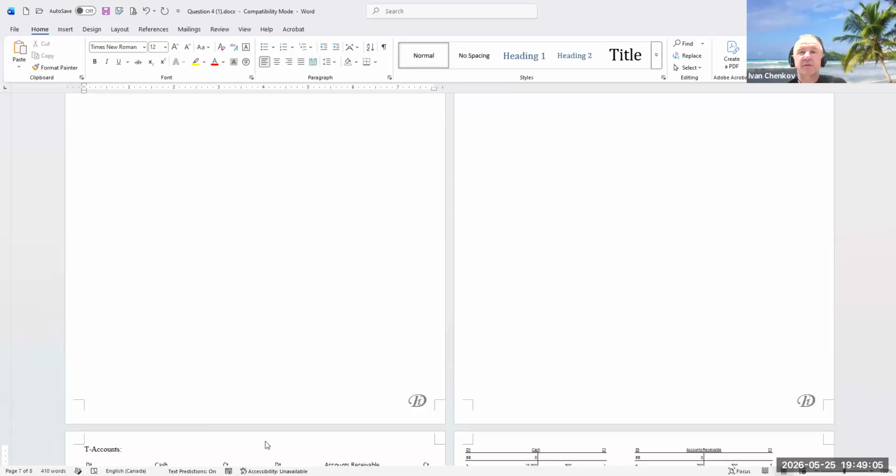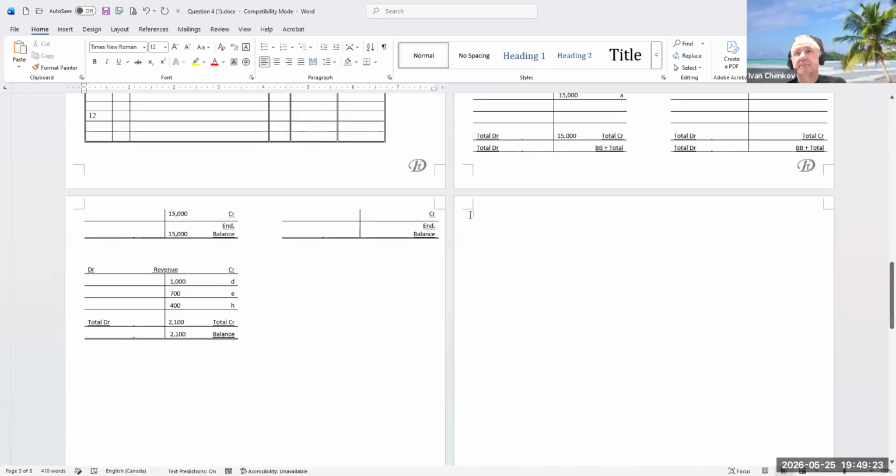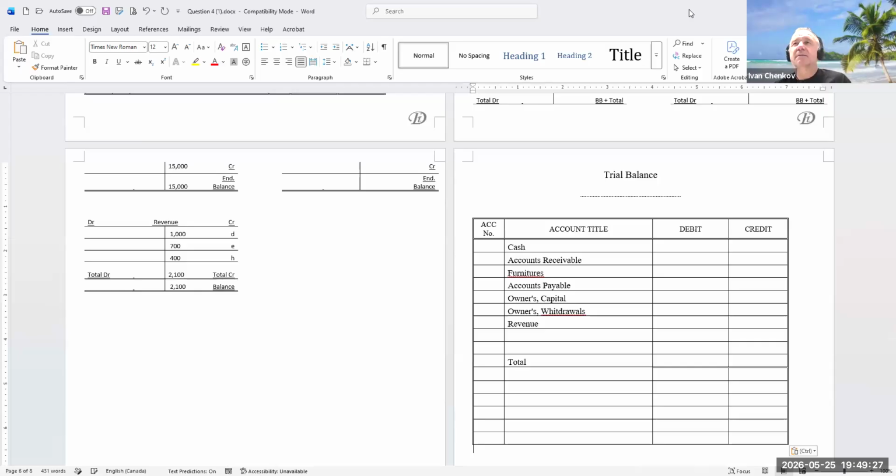I'm gonna post the trial balance right here, so you can easily see it and we can work on it. That's our trial balance.